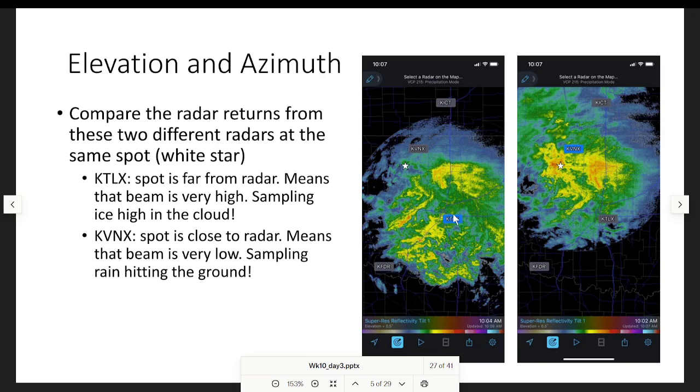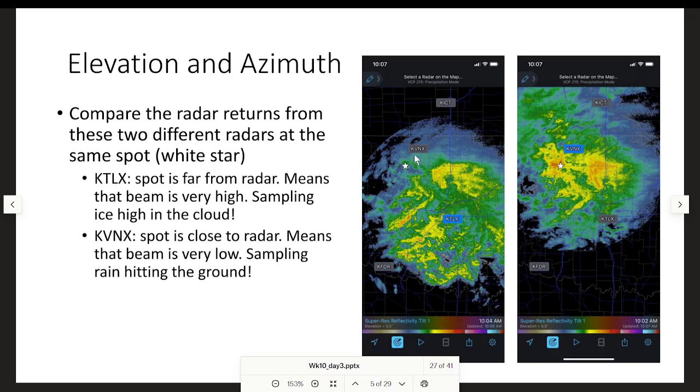So, KTLX is scanning this storm, and it's letting out a radar beam, and this is at the same tilt angle, so tilt 1, so that means 0.5 degrees. So they're at the same angle. But this radar is farther away from this spot than this radar is. So as this beam moves in this direction, it increases in height in the atmosphere.